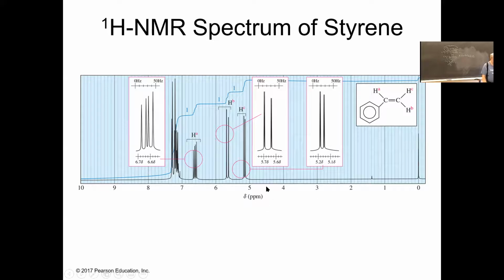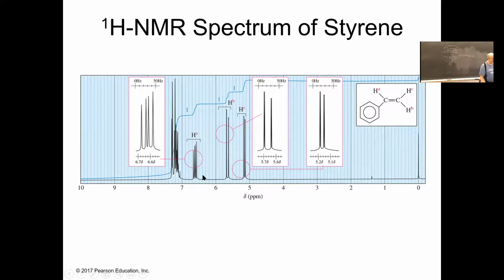All right, so we can use coupling constants to assign particular hydrogens to their corresponding signals. This group of signals here between 7 and 8, those are the ones on the benzene ring.